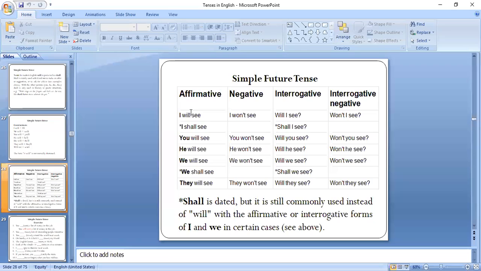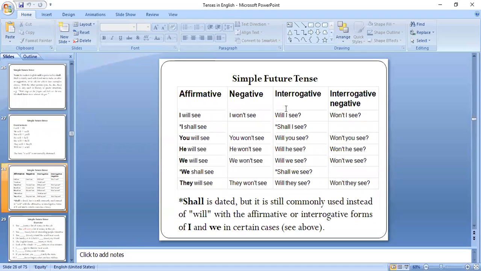First is I will see, the affirmative sentence. Its negative sentence is I won't see. Its interrogative is will I see, and its interrogative negative is won't I see.